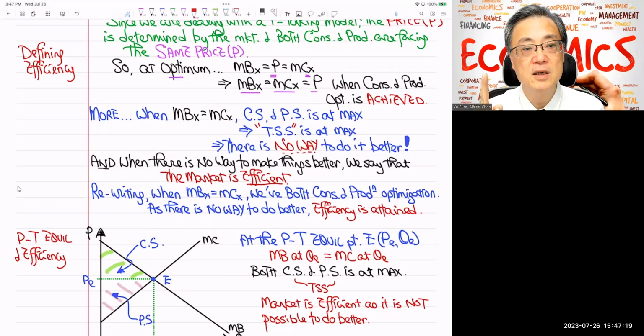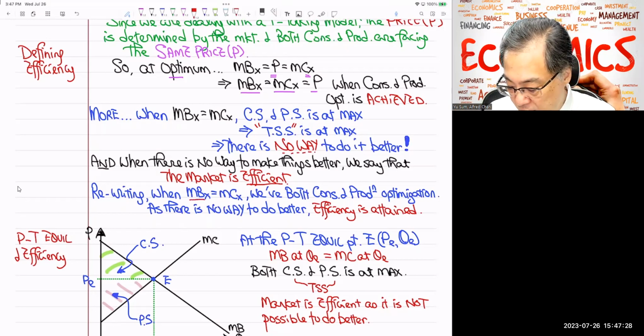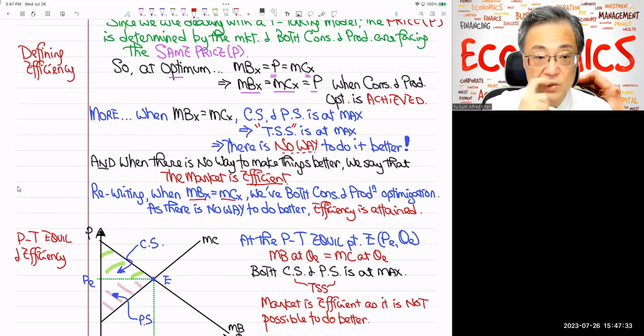The market achieves this efficient condition when MB of X unit equals exactly the marginal cost of that unit. When that happens, both optimizations occur, CS and PS are at maximum, total social surplus is at maximum, and there's no way we can do things better.